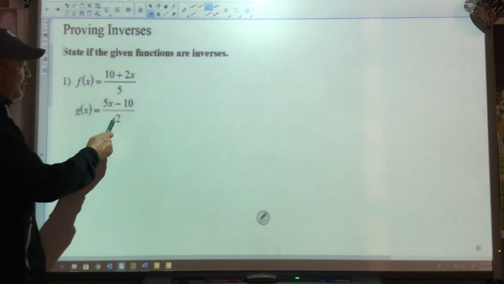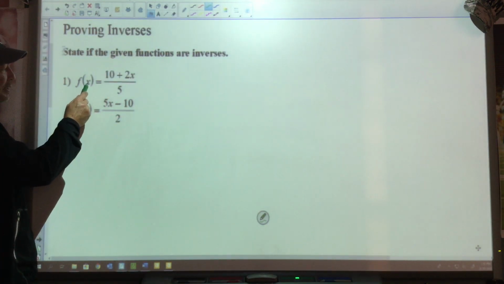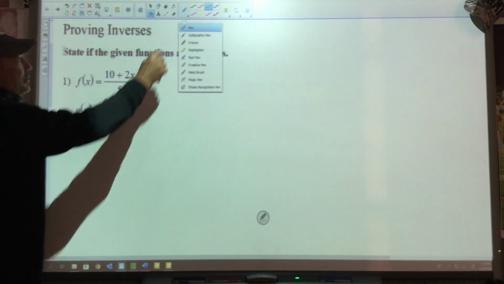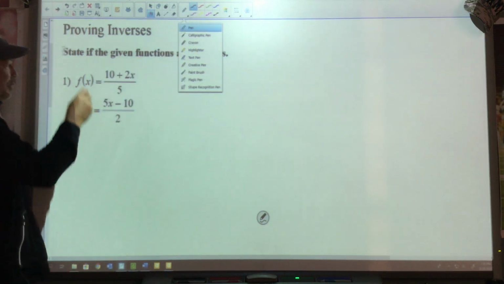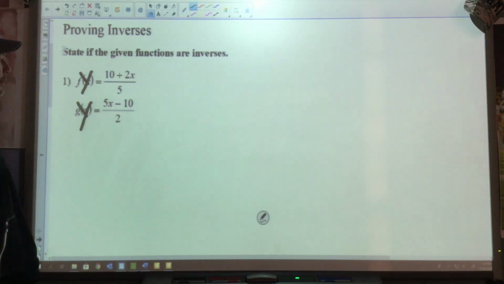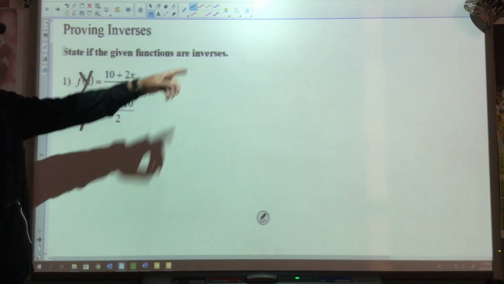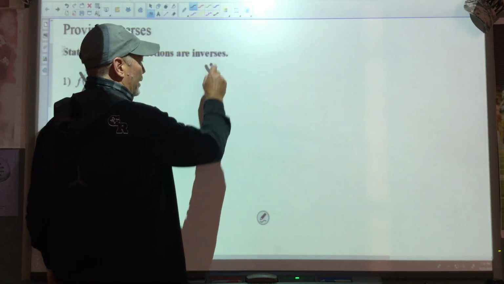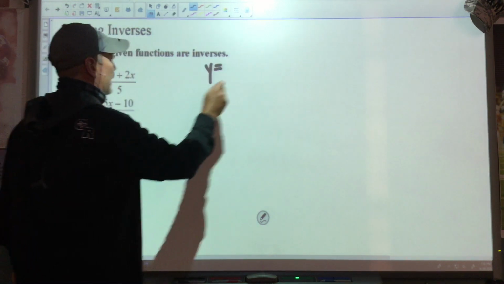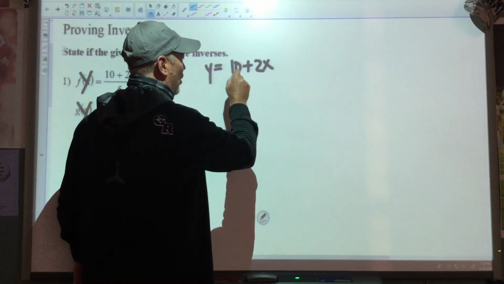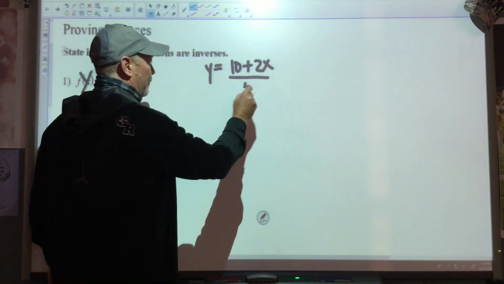I have two functions. First thing is I want to treat this as my letter y. Let's go here with black. Treat this as the letter y, okay? So we're going to copy these over side by side so we have more room to work. We're going to say that y equals 10 plus 2x over 5.